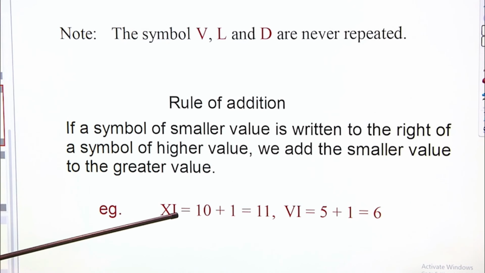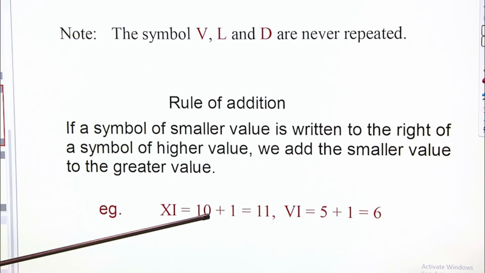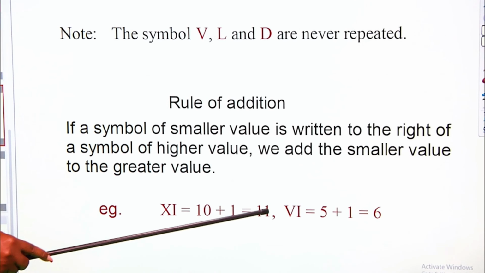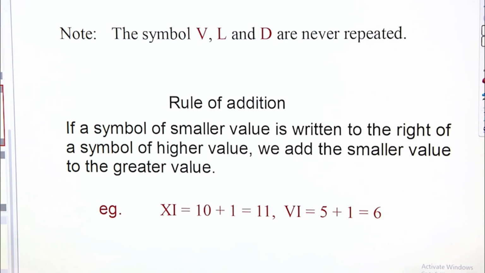Since I is to the right of X and X is greater than I, per the rule, we have to add it to the higher value. So this will give us 10, which is X, plus 1, which is I, and that will give us 11. Therefore, XI is equal to 11.